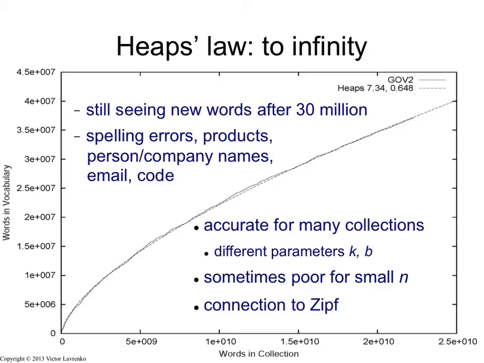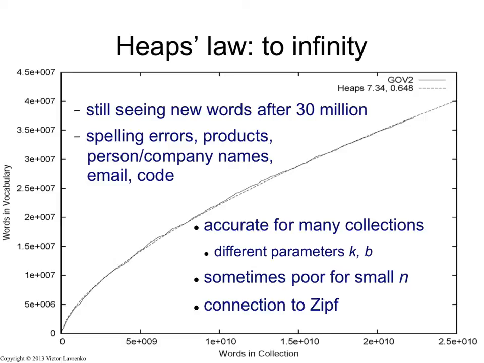You also have product names. People like to create new names for products. You have personal names, company names, emails, bits of code. So what you are seeing is the human tendency to invent new words for the things they want to name. People like to name things, and that's what's happening even in news data sets.